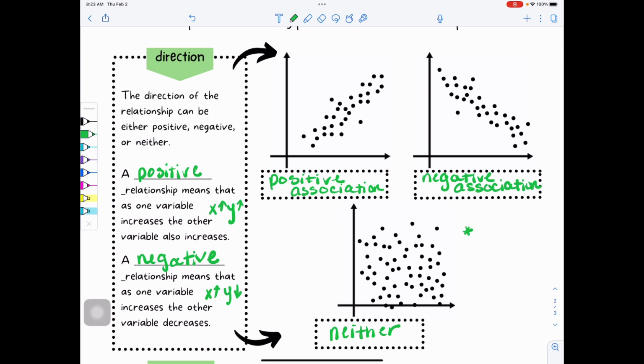I use the word association, but you might also see the word relationship or correlation. So we'll write relationship or correlation could also be used. That all describes the direction of the scatter plot.